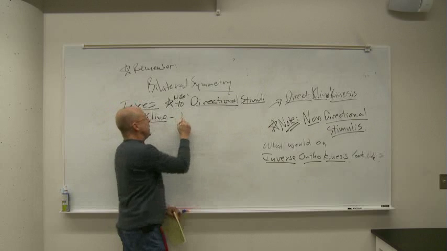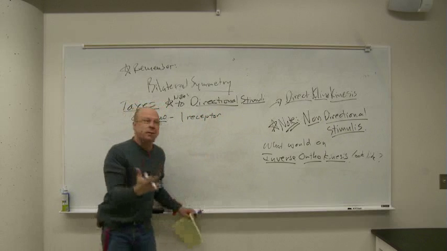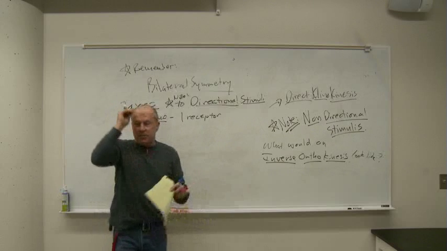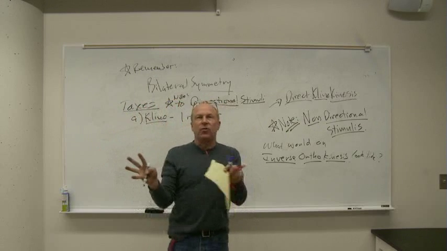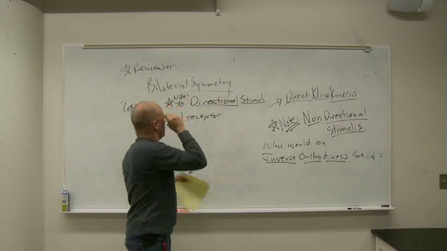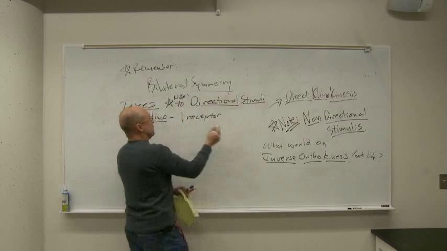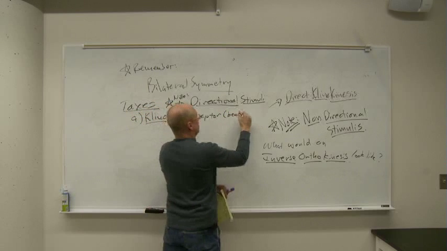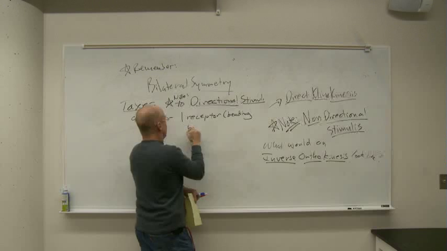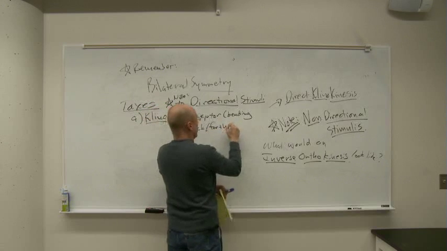Clino is where you only have one receptor for whatever the stimulus is, and it's basically the bending of the body that enables the animal to sample through time. So one receptor, basically bending back and forth through time.